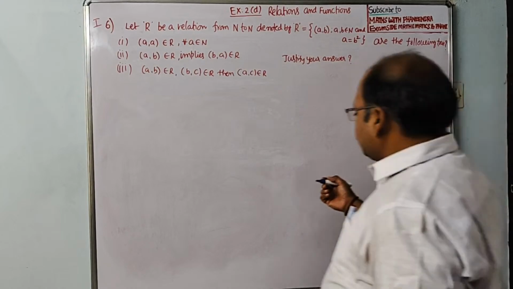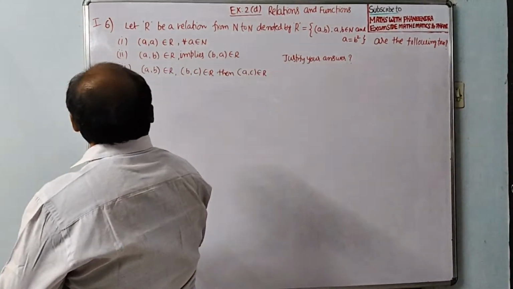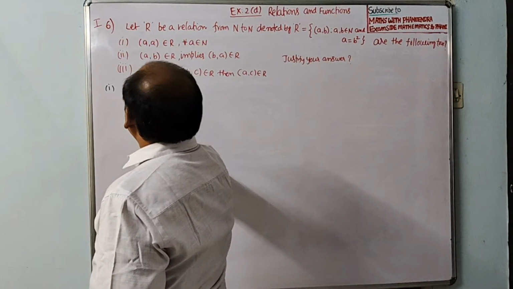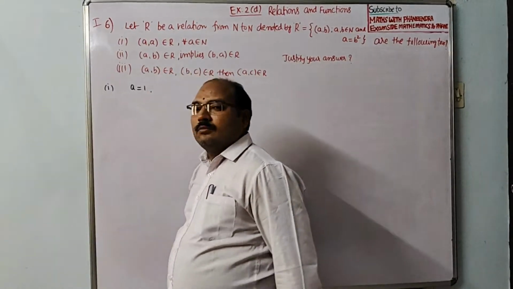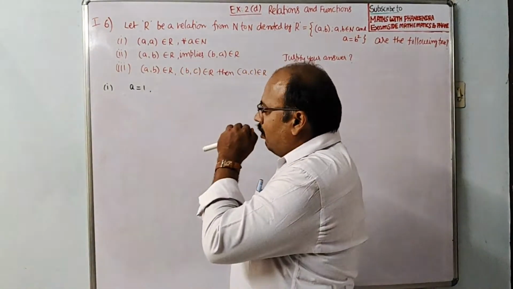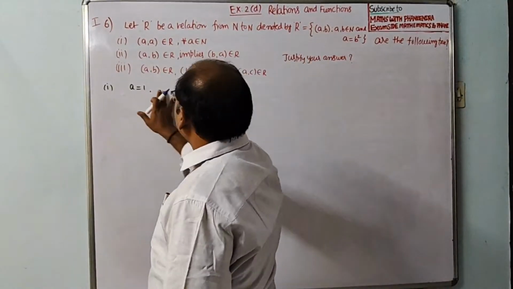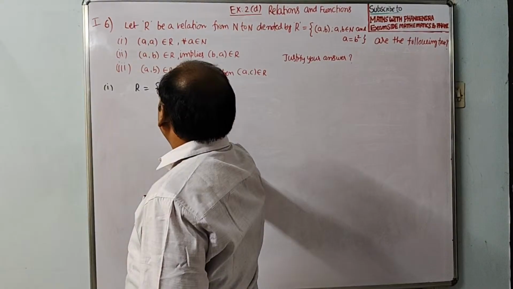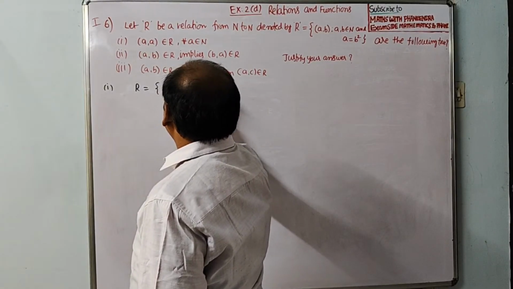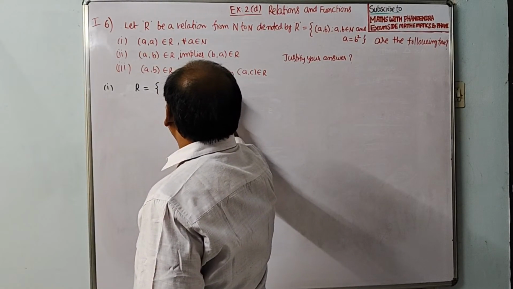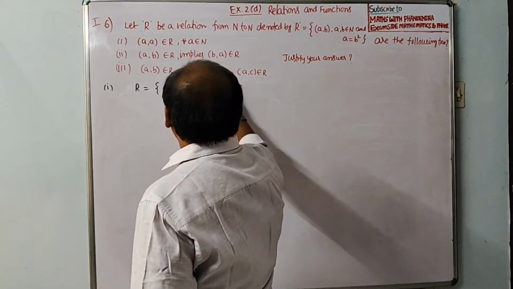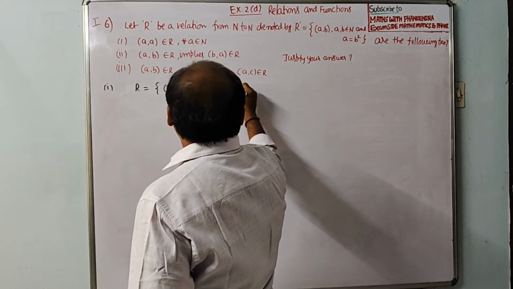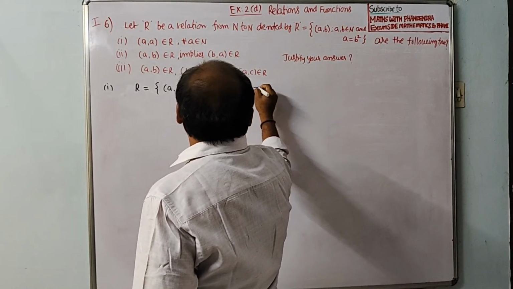For the first case, the relation is mentioned first, so write it: R is equal to the ordered pairs (a, b) such that (a, b) belongs to N, natural numbers, and a equal to b square.